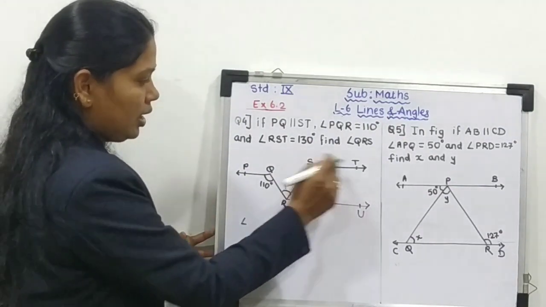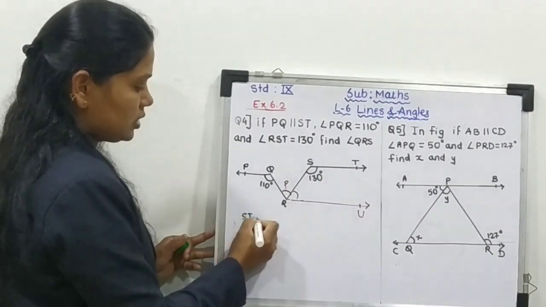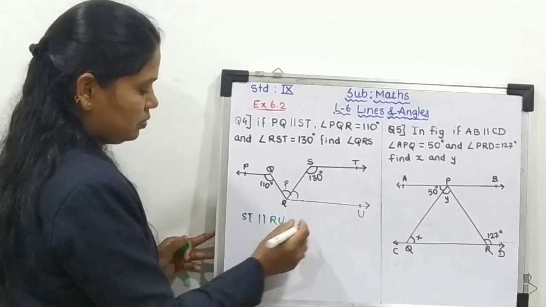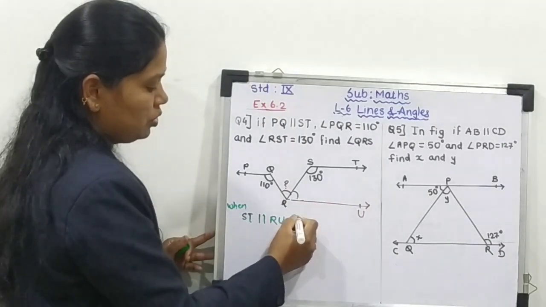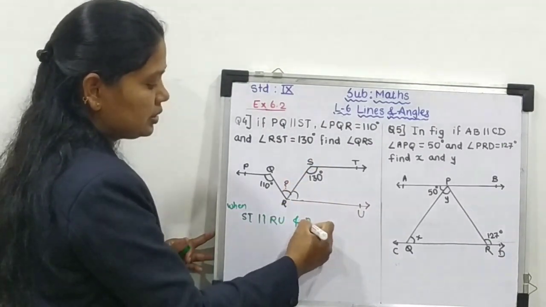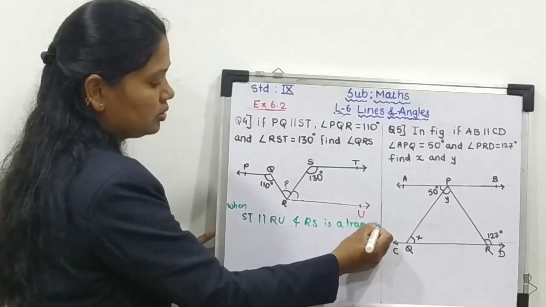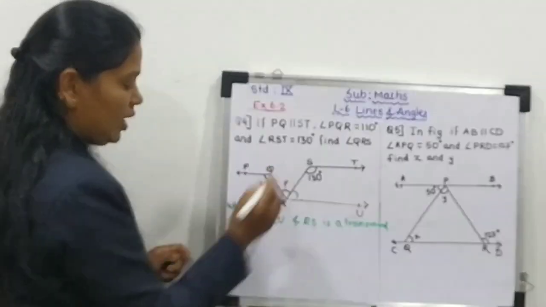First write it down here: ST parallel to RU. When ST is parallel to RU and RS is a transversal, right? Then what do we have?